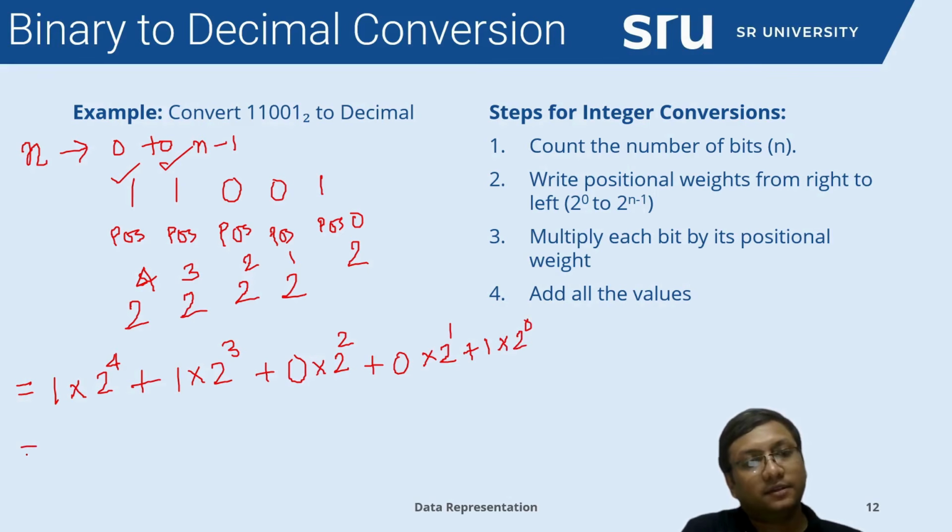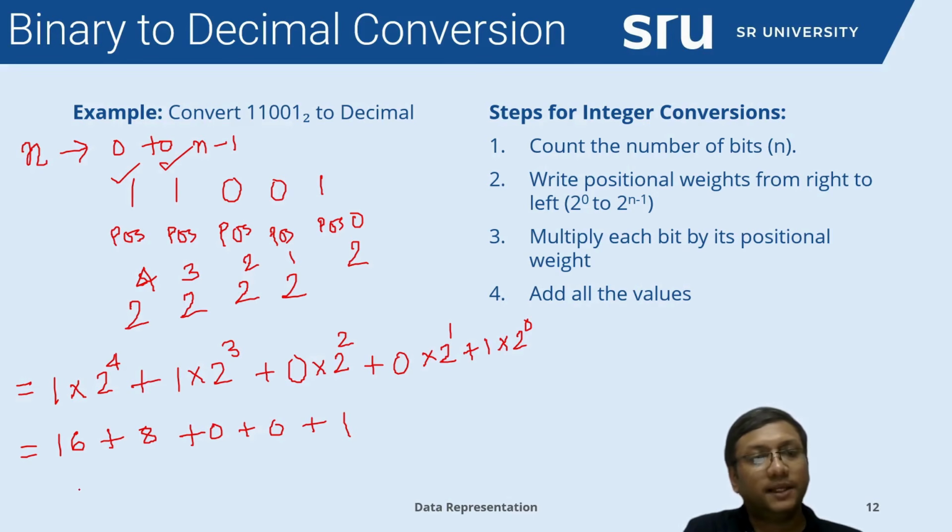So we know that 1 into 2 to the power 4, 2 to the power 4 means 16. So 16 plus 2 to the power 3 means 8, plus 0 plus 0, plus 1 into 2 to the power 0. So 2 to the power 0 means 1, so 1 into 1 means 1. Always remember, something to the power 0 is always 1.